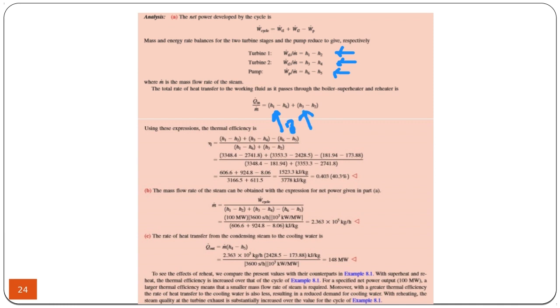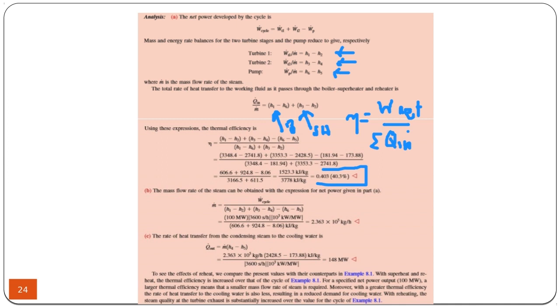So the efficiency is always W net divided by the total Q in, because some part of it comes from the boiler heat, the second part comes from the superheat. By calculating this, we obtain an efficiency of 40%.